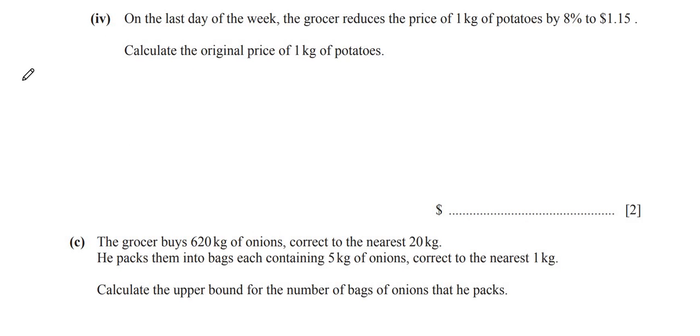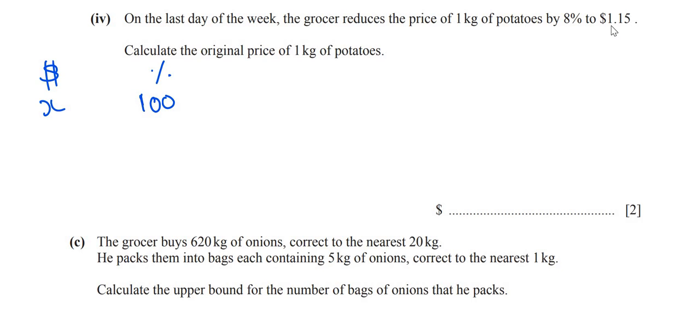Moving on to the next part, it says, on the last day of the week, the grocer reduces the price of 1 kg of potatoes by 8% to 1.15. Calculate the original price of 1 kg. So look guys, write over here percentage, write over here dollar. Original price is X, we don't know, but original percentage is always 100.